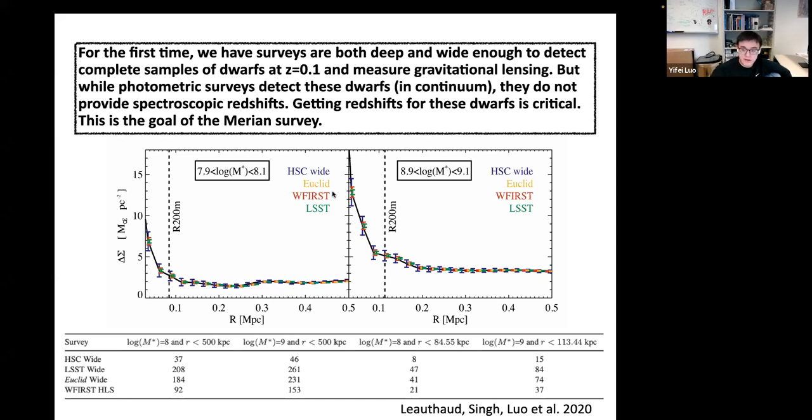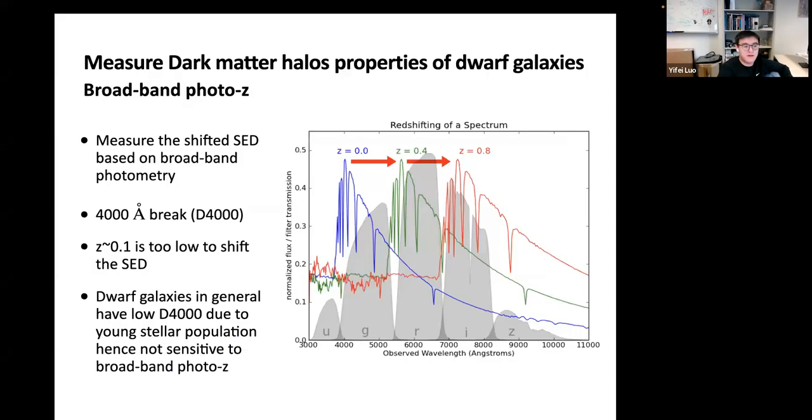All right, so here comes the concept of photo-z. I'm pretty sure people here are familiar with it, because of the J-PAS survey and all the other science, but I am still going to briefly introduce this concept. So basically, for the broadband photo-z, we measure features of the spectra of different galaxies.